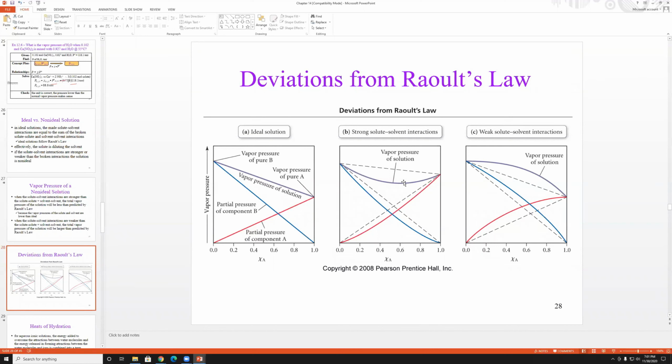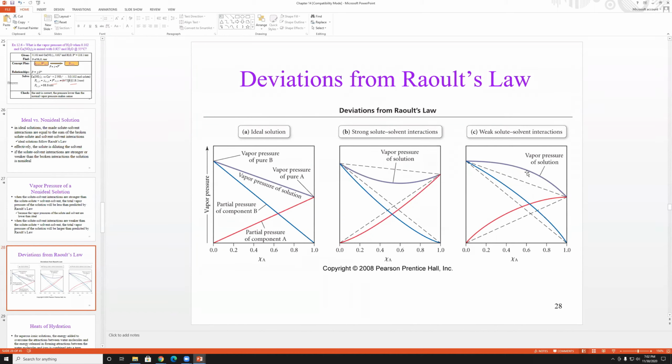Why is the solution vapor pressure decreasing in the first place? Because you're strengthening the solute-solvent interaction. If you have an insanely strong solute-solvent interaction, the vapor pressure is going to decrease even more. But if you have a weaker solute-solvent interaction, the vapor pressure of the solution will be higher.